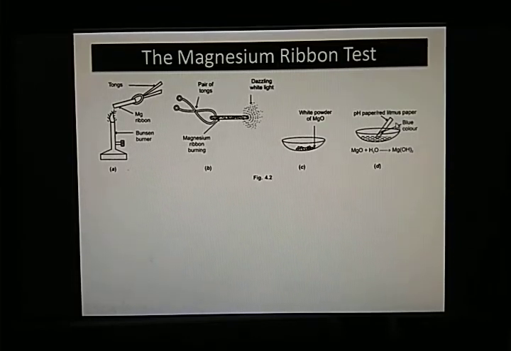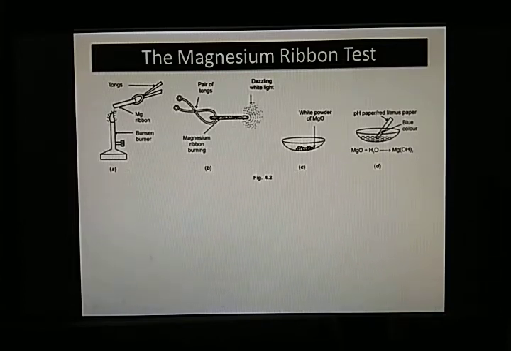We will dip that litmus paper in the solution. What we will find is that it will not turn the blue litmus to any other color. Blue litmus will remain as it is. But when we dip the red litmus paper, it will change its color to blue.